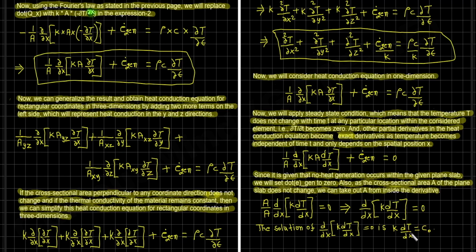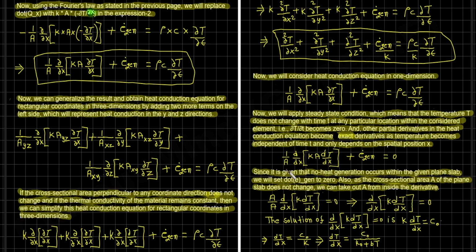Now we will rearrange this equation and obtain the temperature gradient. So after rearranging this equation, we get this expression of the temperature gradient. Now we will plug in the expression of the thermal conductivity of the plane slab as given in the question, and we'll write the next step.